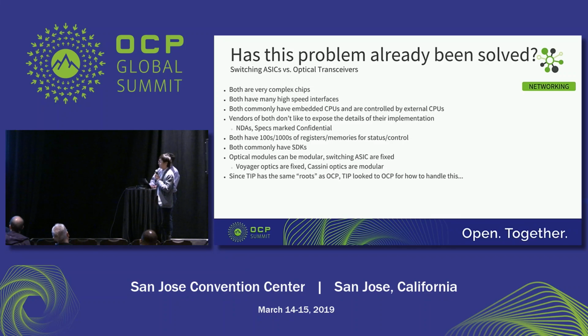Okay, so we have this kind of trouble. And Scott was working in TIP, the Telecom Infra Project, a similar organization to OCP. In there, we are trying to promote these open packet transponders, and we hit the trouble I mentioned, and we came up with the TAI.